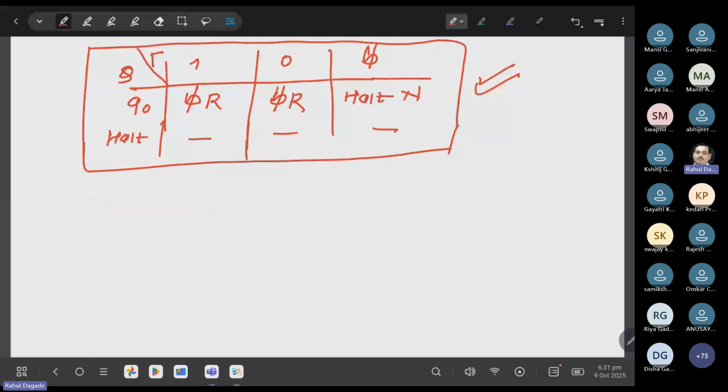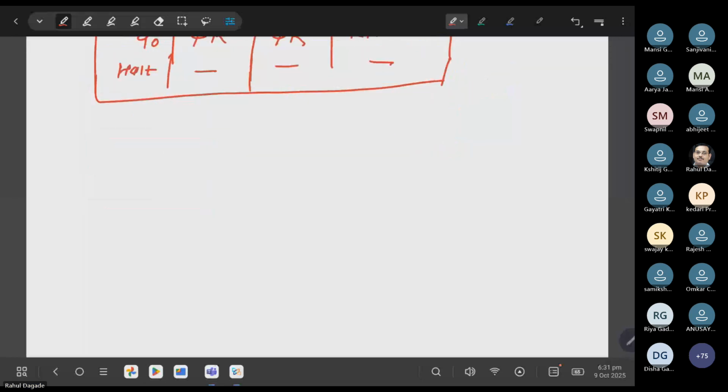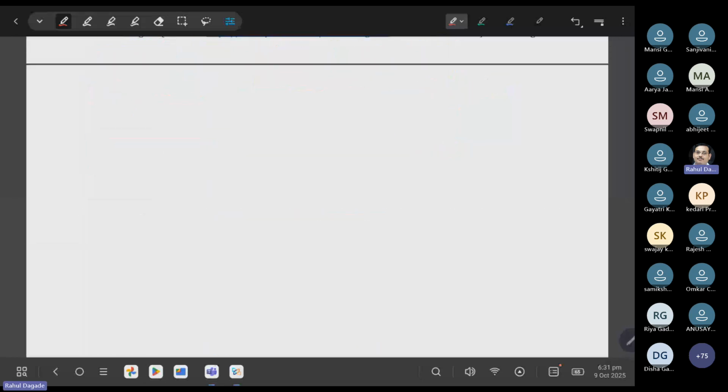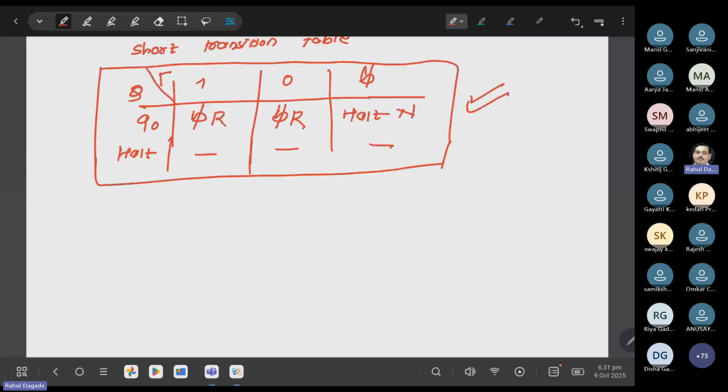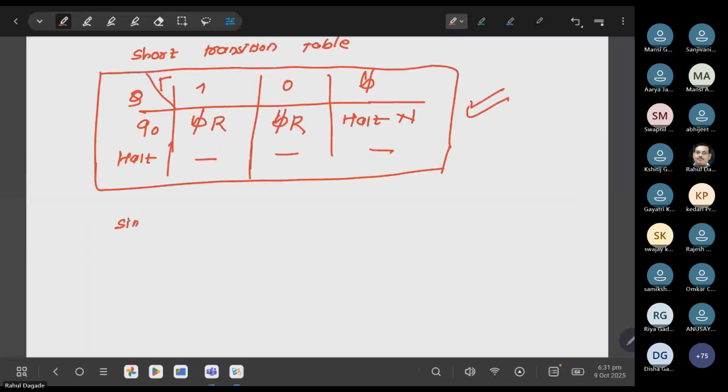Now, let us see the simulation. Simulation for input: let us take the input as 1 0 1 1 0.